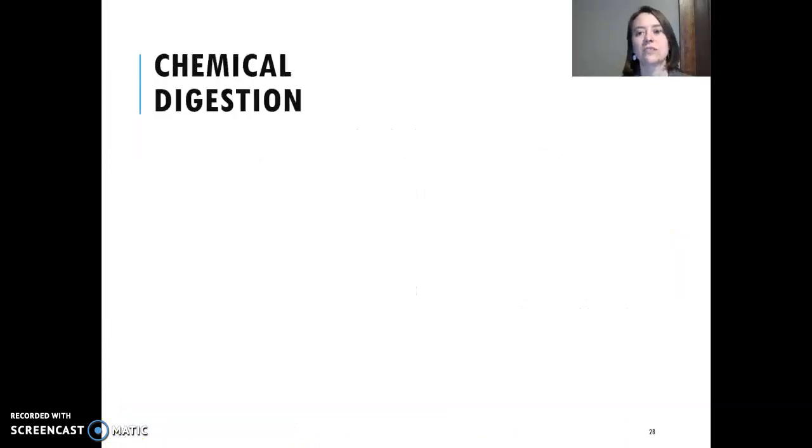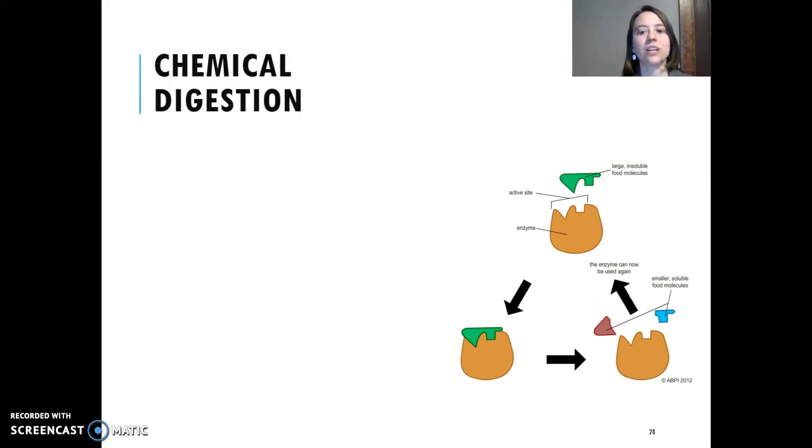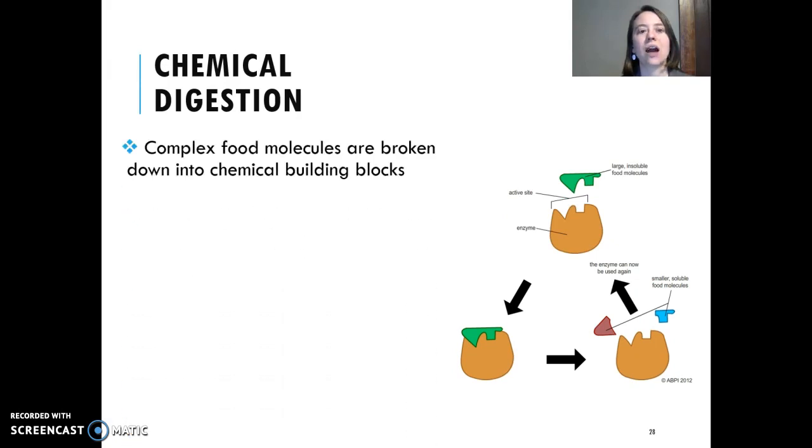So those digestive enzymes coming from the pancreas are responsible for chemical digestion, which is when complex food molecules are broken down into their chemical building blocks. So if you remember, we have 4 biological molecules: your carbohydrates, proteins, lipids, and nucleic acids.